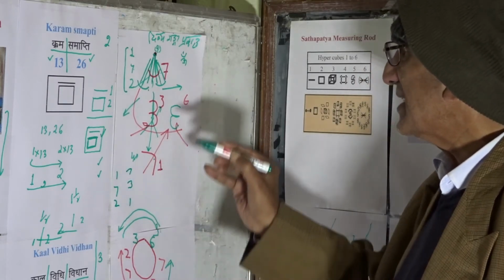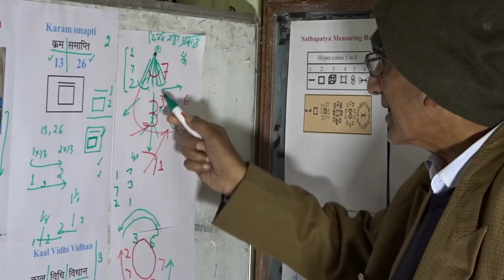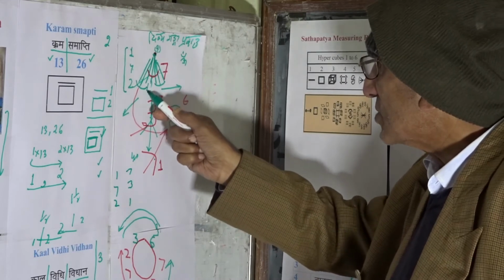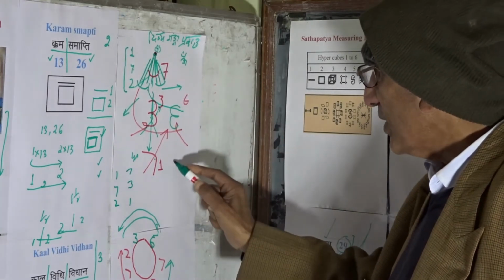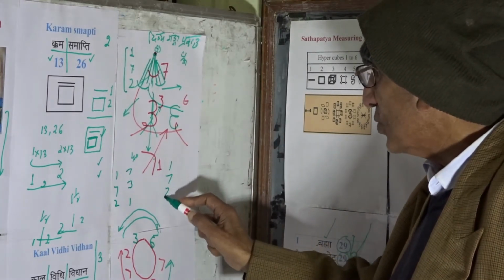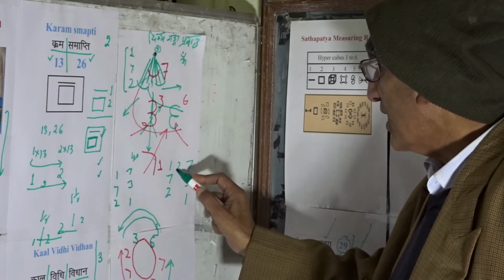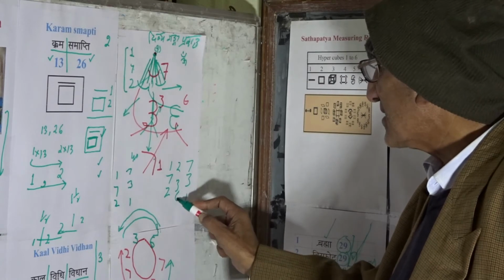And further we see that the second component and the split of the 2 lead us to the values 2, 3 and 6. So we have 1, 7 and 2. We have 7, 3 and 1. And also we have 2, 3 and 6.